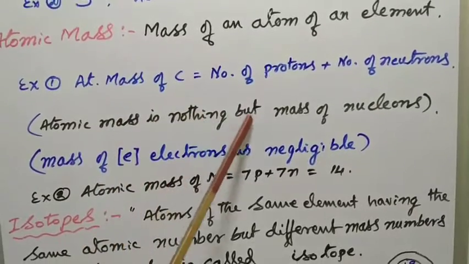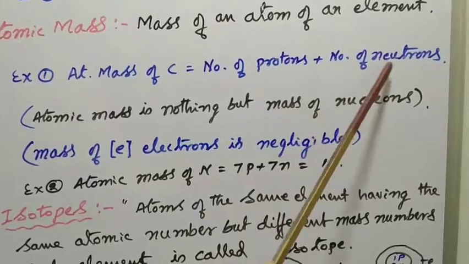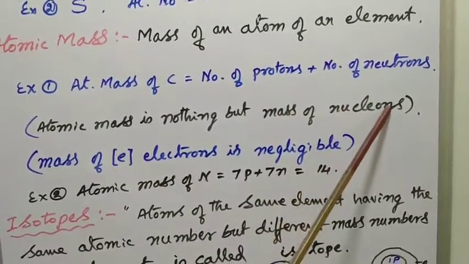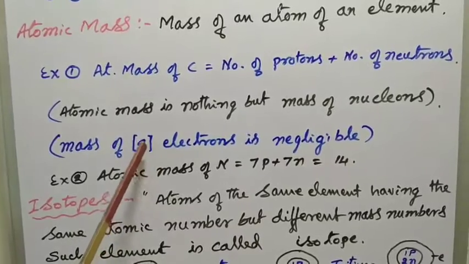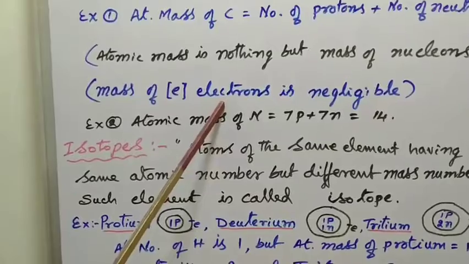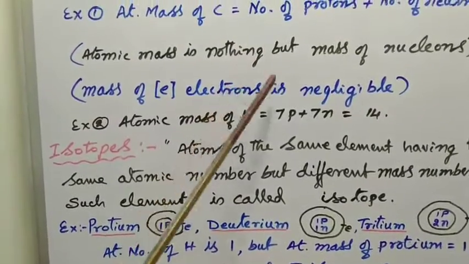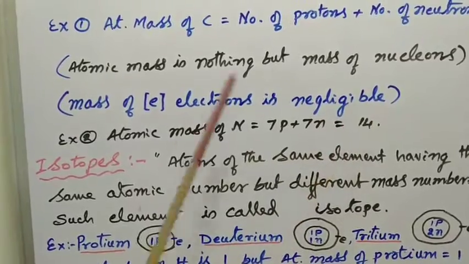Atomic mass is nothing but the mass of nucleons. We call the sum of these two nucleons. In all the cases, we neglect electrons because their mass is very small compared to that of protons and neutrons. So the mass of electrons is negligible.